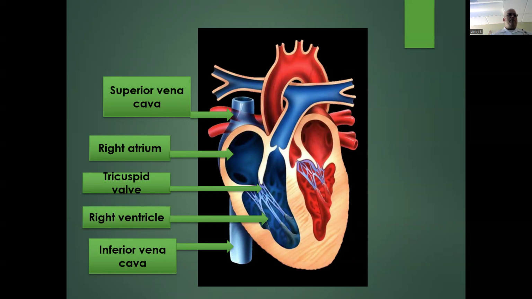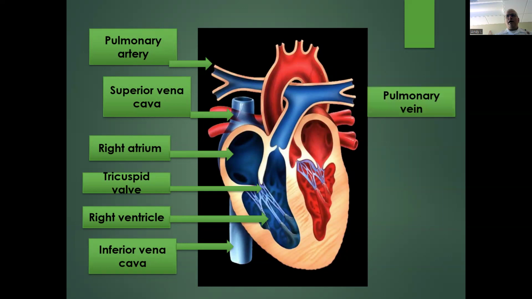And when you're done with the right ventricle, you're going to go out, up, and through the pulmonary artery into the lungs, get happy with lots of oxygen and get rid of all your carbon dioxide. Then you're going to come back through the pulmonary vein as oxygenated blood. There it is.